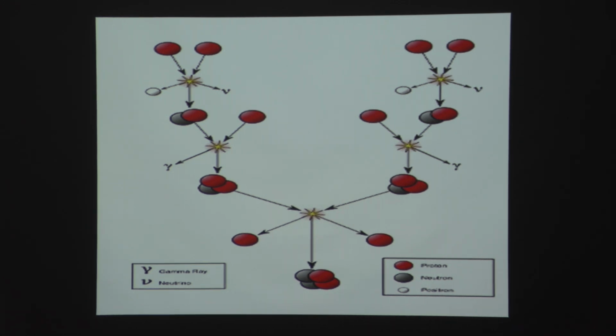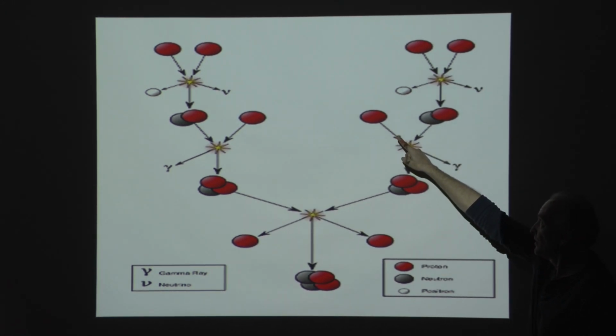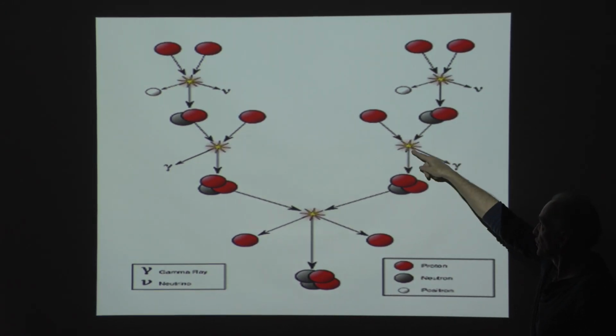Neutrinos are almost massless particles, and each second there are hundreds of billions going right through us and right through the Earth. They don't even know the Earth's there, or us. They go right through everything, and then you end up with a proton and a neutron, and you have another proton which joins it.